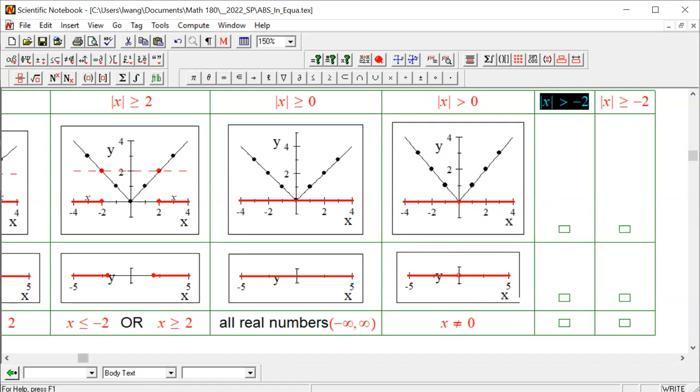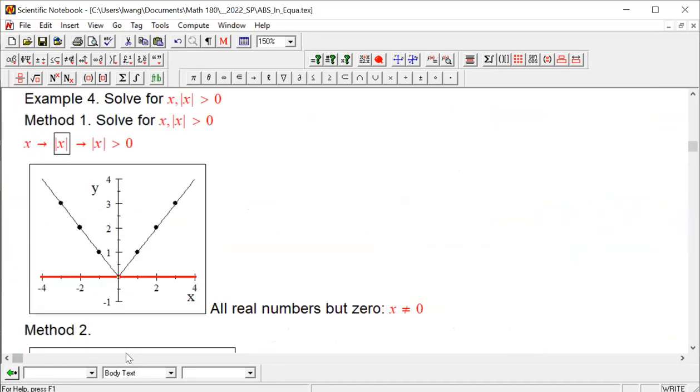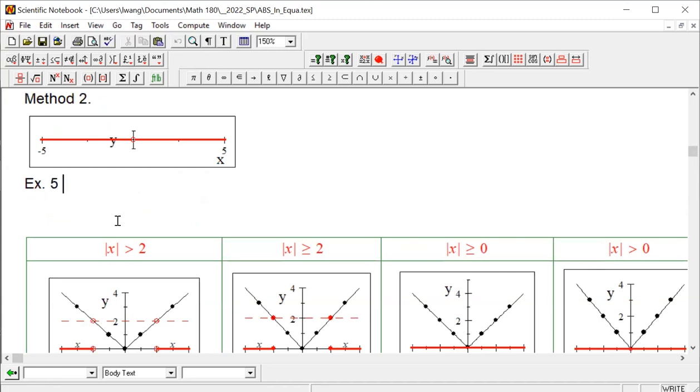We want the output to be greater than -2. So this is going to be example number 4, and now example number 5. What do we have here? We're solving for x, once again.